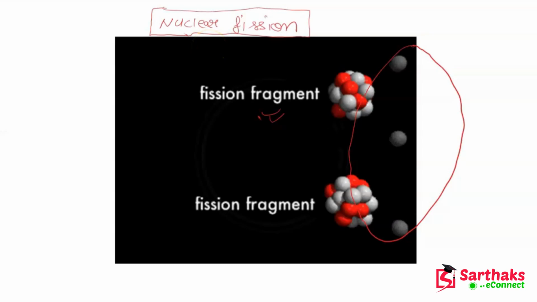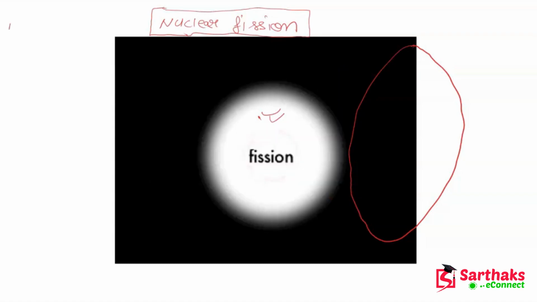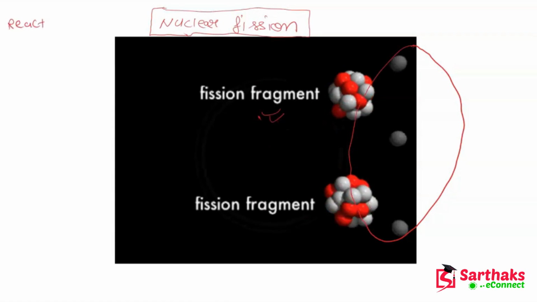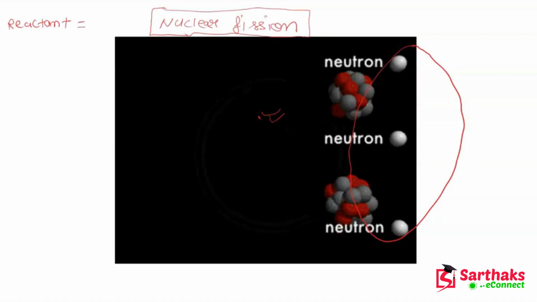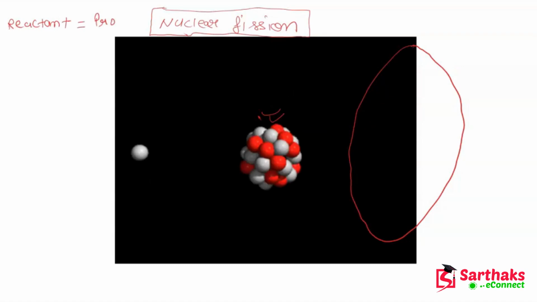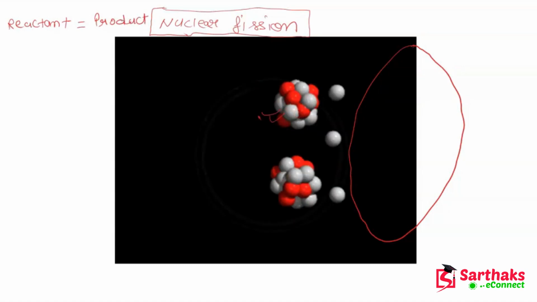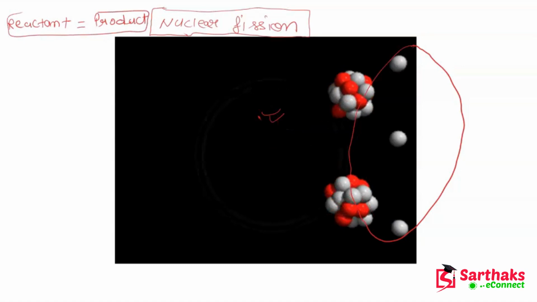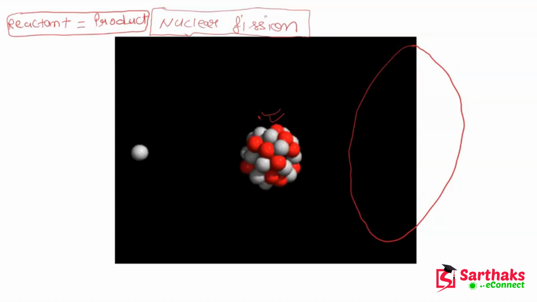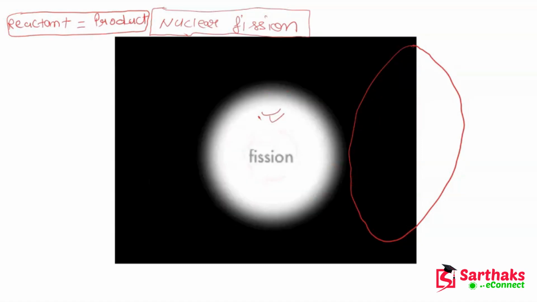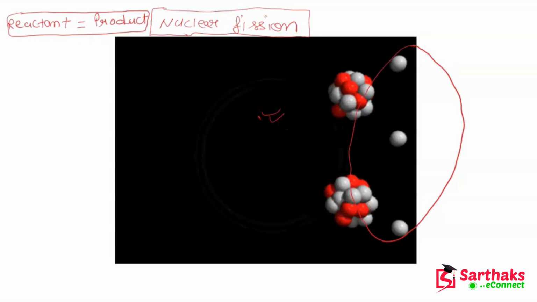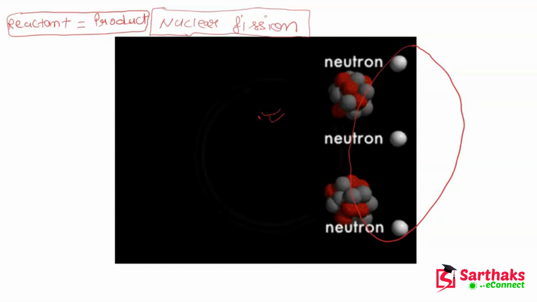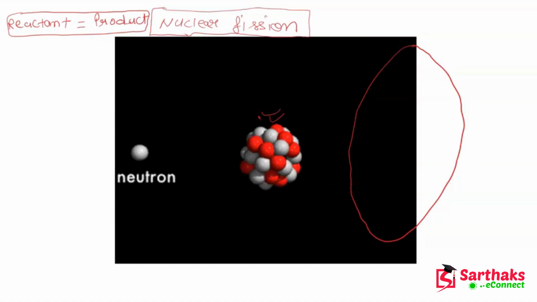In chemical reactions we had seen that the mass of the reactant is equal to the mass of the product. But here this is not applicable. In this reaction, the mass of the reactant is not equal to the mass of the product, or you can say the mass of the product is slightly less than the mass of the reactant.